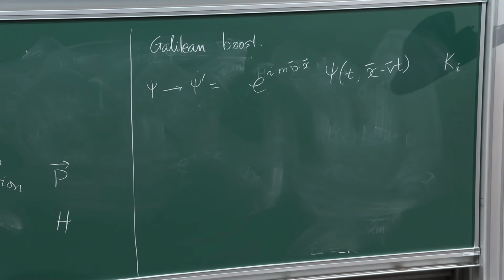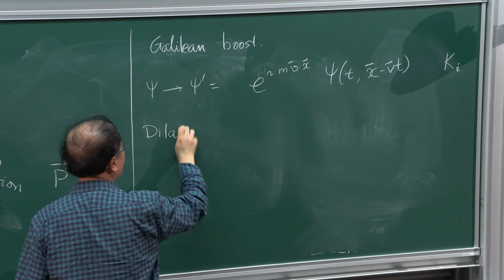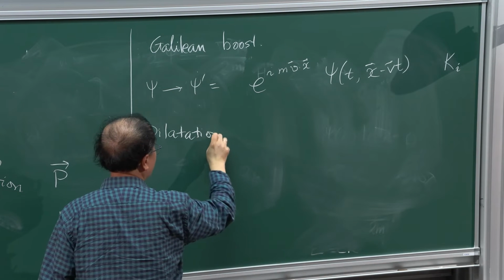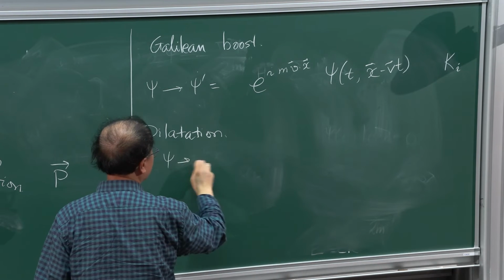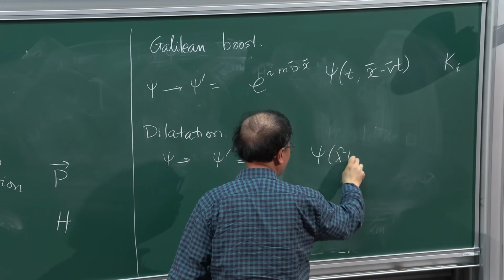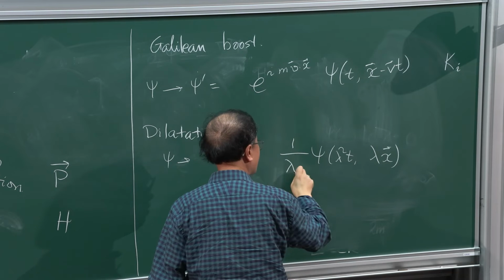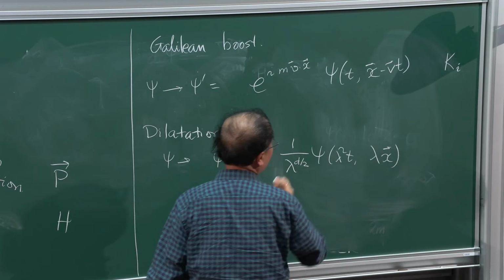But if we have a free particle like this, we have dilatation. Psi goes to psi prime equal psi of lambda squared t, lambda x, times 1 over lambda to the power of d over 2.